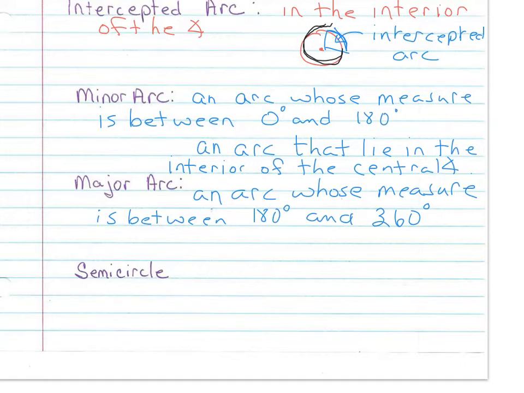And then a semicircle is an arc whose endpoints are the endpoints of a diameter.